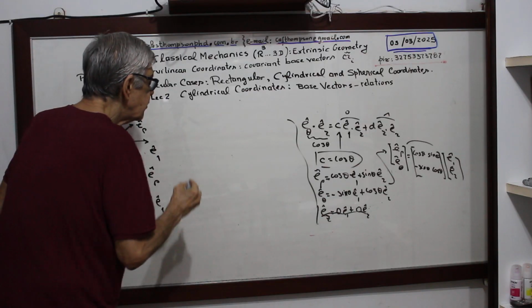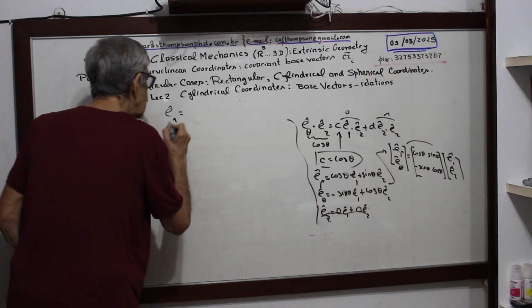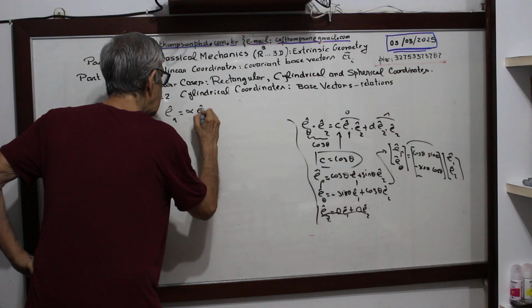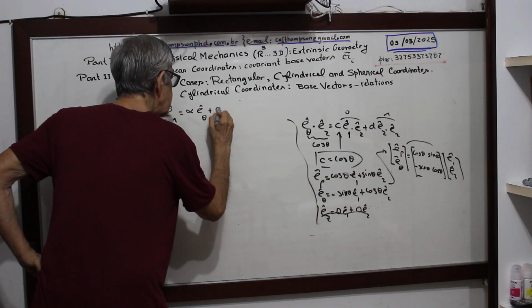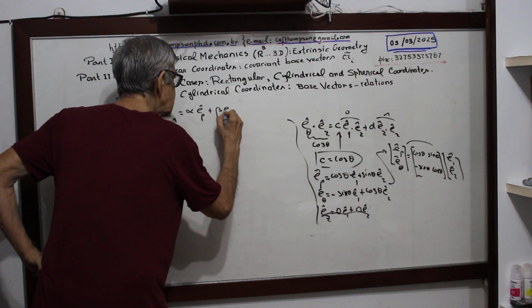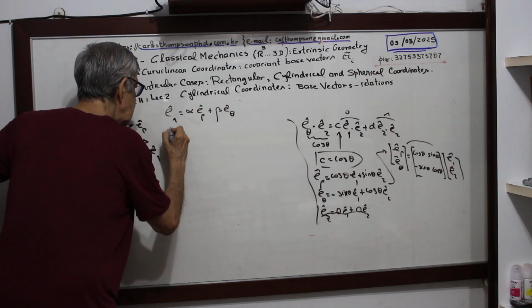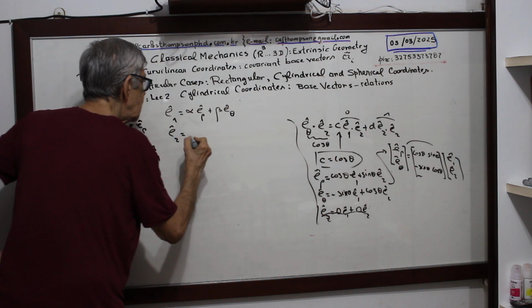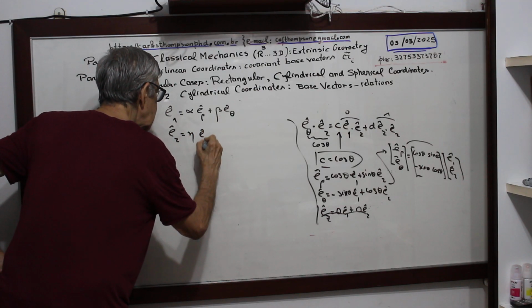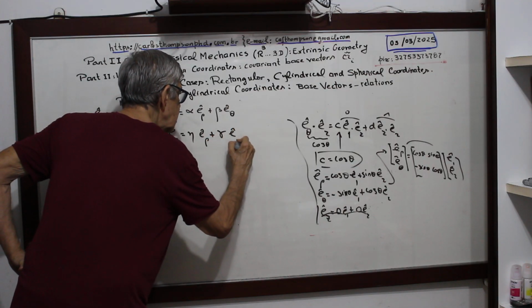So there's a hint over here. I'll write E1 is equal, let's call alpha E rho plus beta E theta. And also E2 is equal, let's call eta E rho plus gamma E theta.